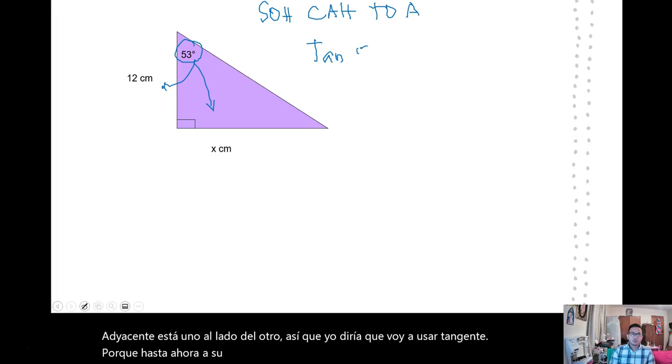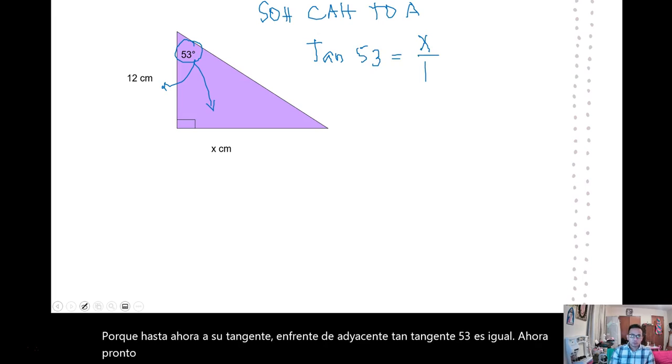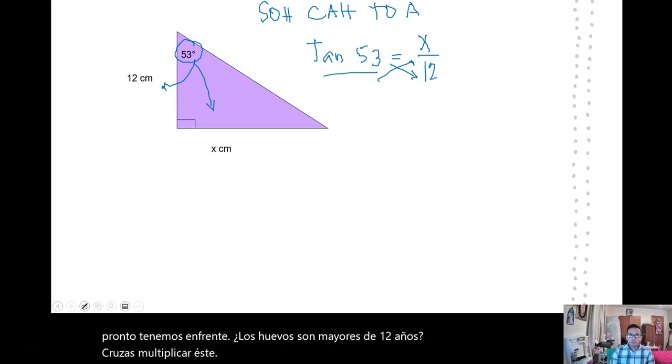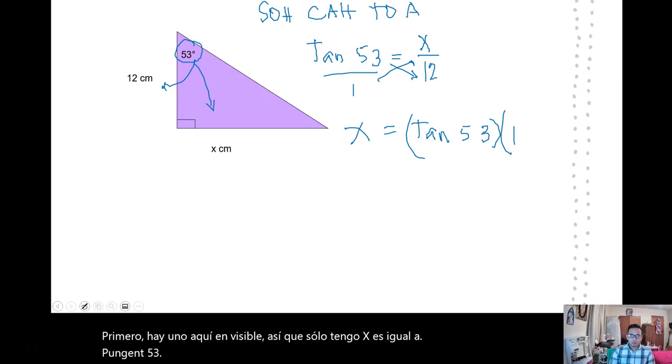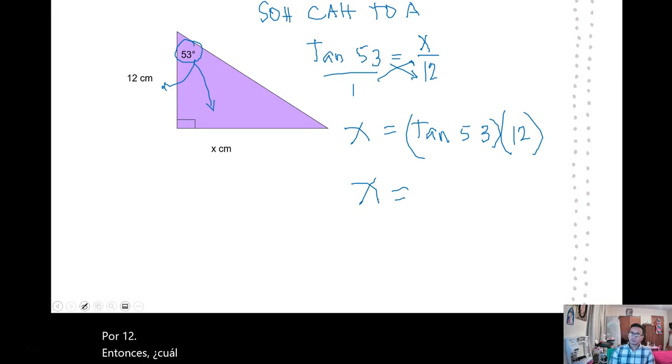So tangent 53 is equal to opposite, which is x, over 12. You cross multiply this one. Of course, there's an invisible one here, so I only have x is equal to tangent 53 times 12. So what will be the value of x?